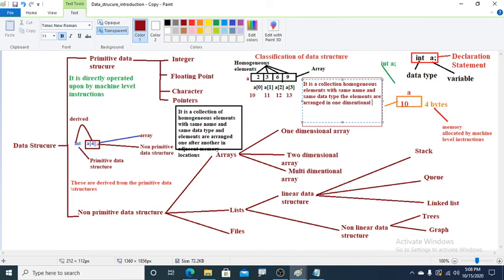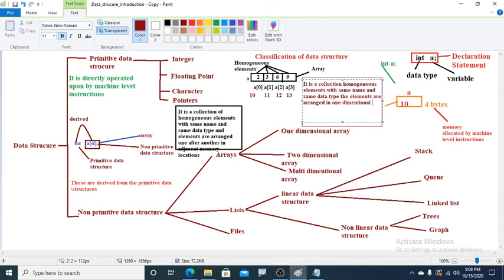See, this is only one dimension, this direction only. This is one direction, not multi-direction.